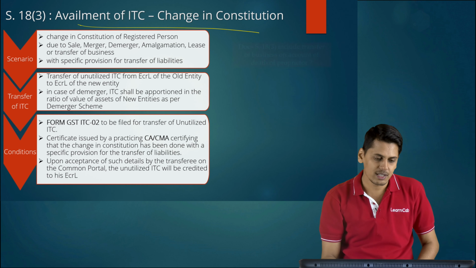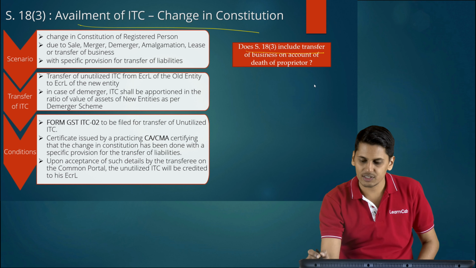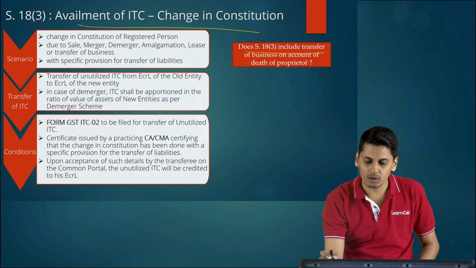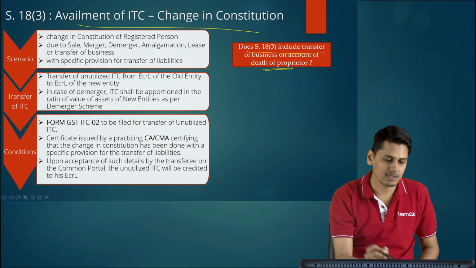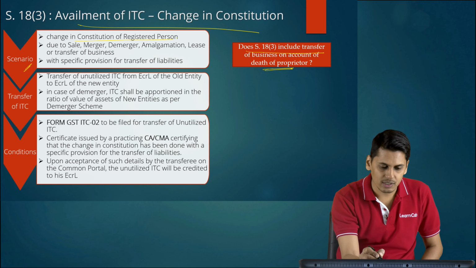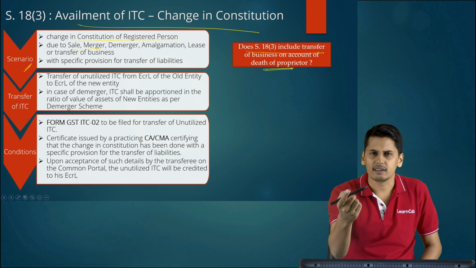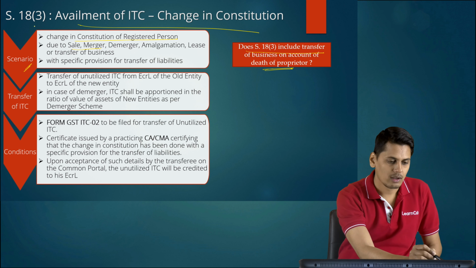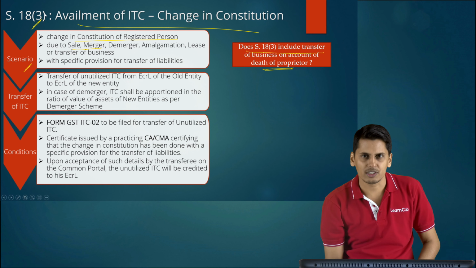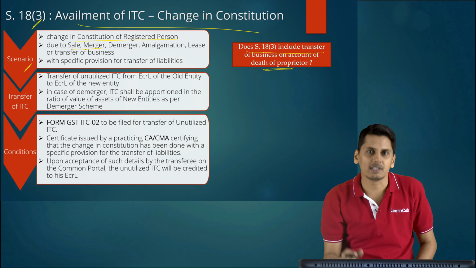So, availment of ITC, change in constitution. Does section 18 subsection 3 include transfer on account of death of the proprietor? Because it tells you the scenario is change in constitution of registered person due to sale, merger. See, is death included over here? On specifically reading 18 subsection 3. See friends, why does this question arise?